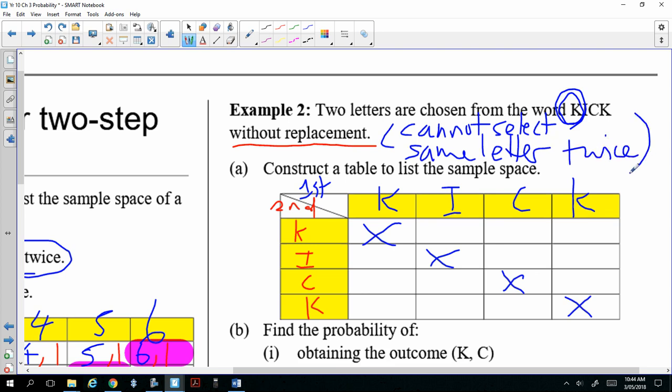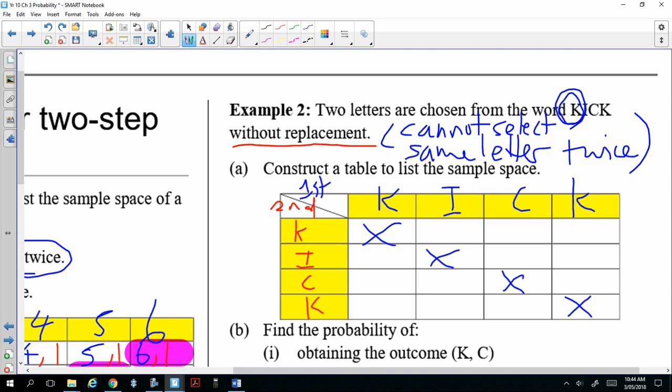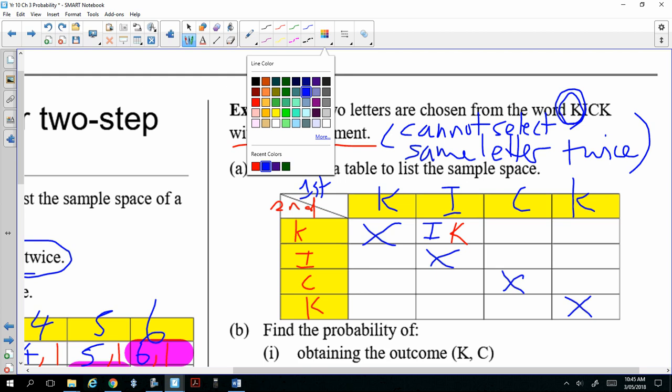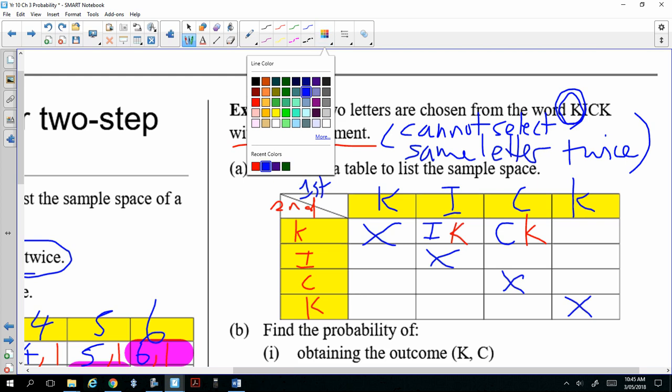Okay, now we have to list the other pairs that are possible. So if my first letter is I, the second letter could be K. Or if the first letter is C, the second letter can also be K. Or the first letter could be K, the second letter will be K. Like this, and then list all the other outcomes.